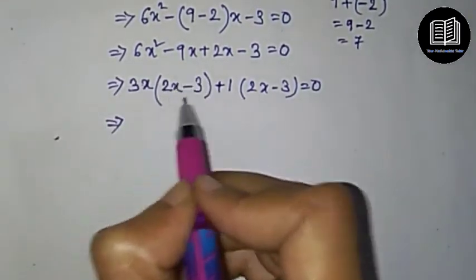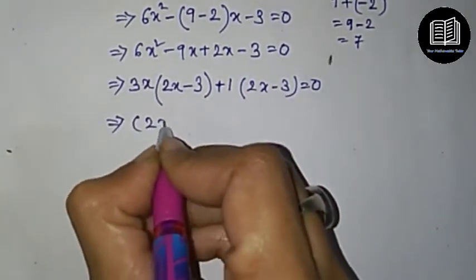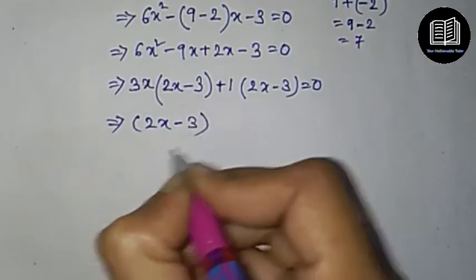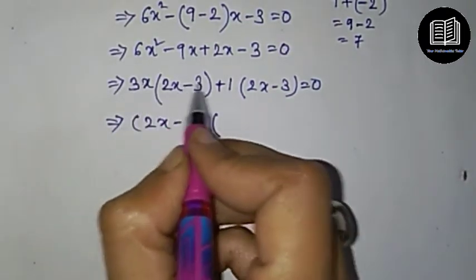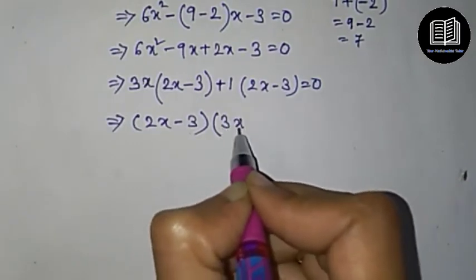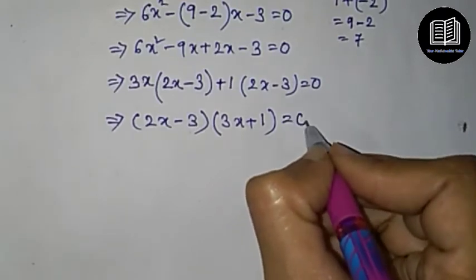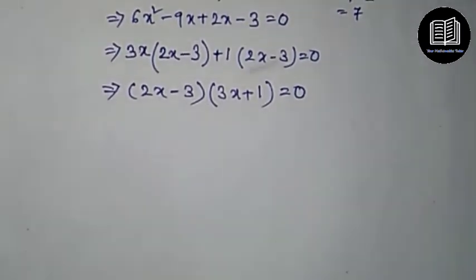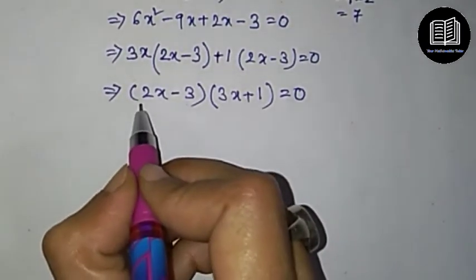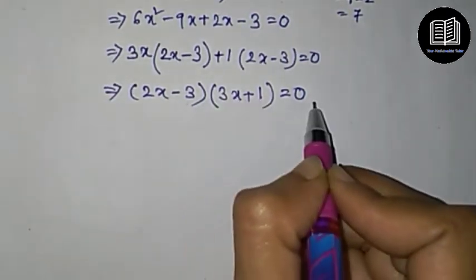Now see, 2x − 3, 2x − 3. This is common in both terms, so take out 2x − 3. Remaining here is 3x, and here the remaining is plus 1. This is 0. Now see carefully. (2x − 3)(3x + 1) = 0.